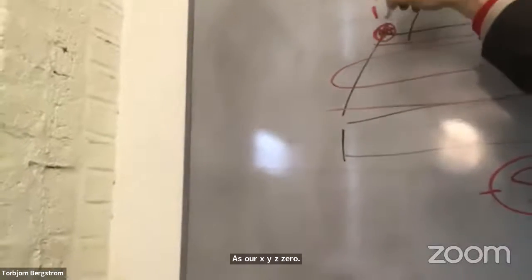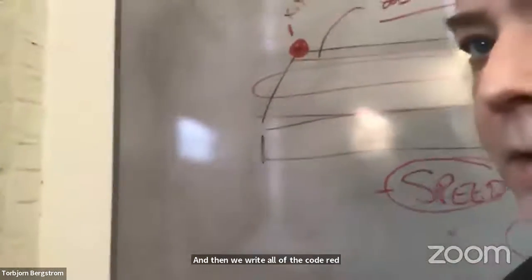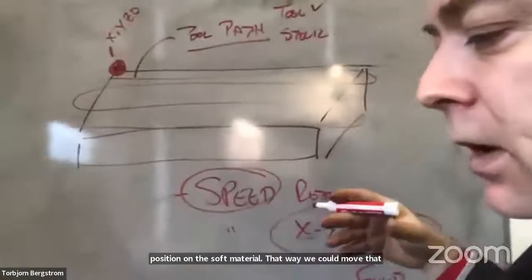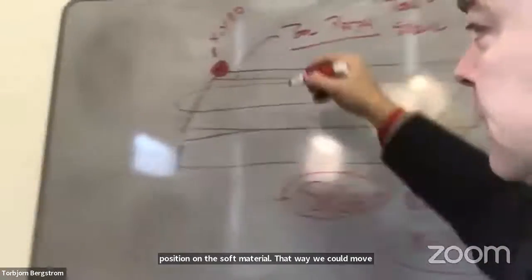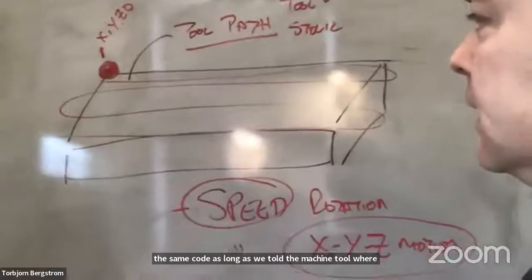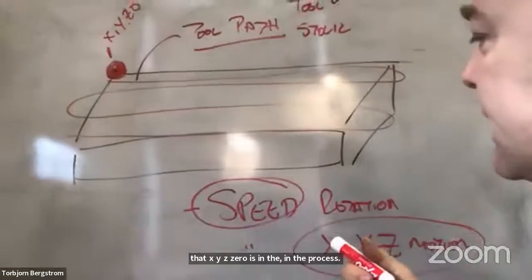Then we write all of the code relative to that position on the stock material. That way we could move that part to a different machine tool and still run the same code, as long as we told the machine tool where that XYZ0 is in the process. So we need to know where XYZ0 is.